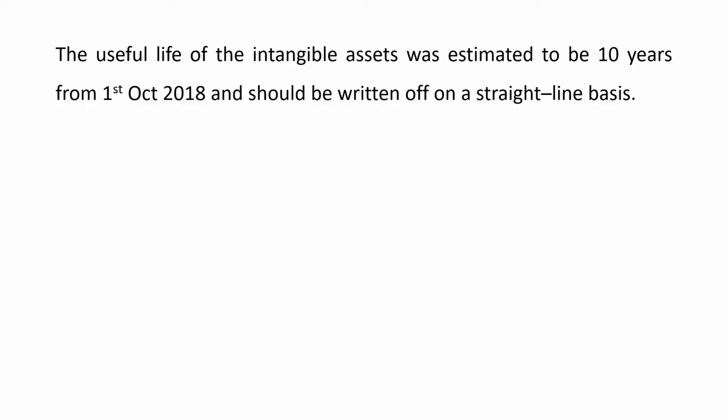It says in the question that the useful life of the intangible asset was estimated to be 10 years from 1st of October 2018 and should be written off on a straight line basis. Therefore, we take this intangible asset, which is 15,000, and divide it by the useful life to calculate the amortization per year.